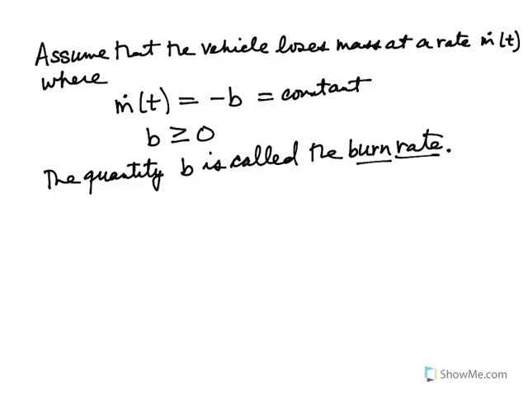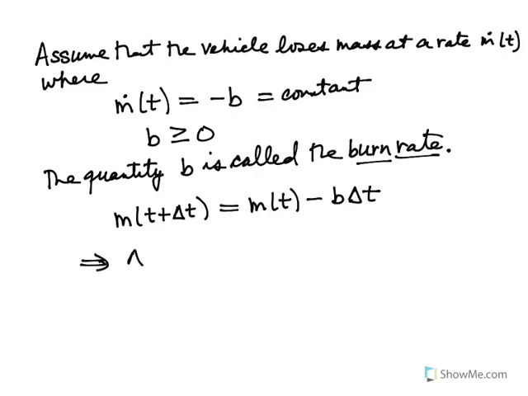So given that the vehicle loses mass at a constant burn rate, we are actually able to write m of t plus delta t is equal to m of t minus b times delta t, which implies that delta m is equal to b times delta t, because that's clearly greater than or equal to 0, because delta t is bigger than or equal to 0, and b is also bigger than or equal to 0.